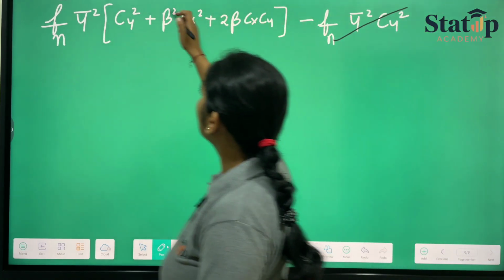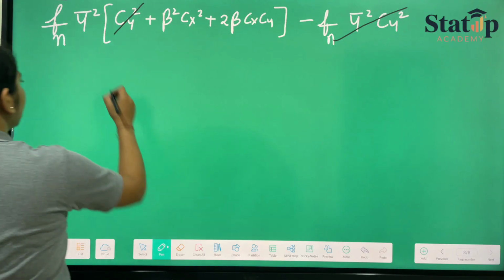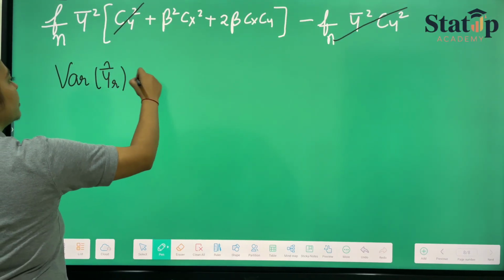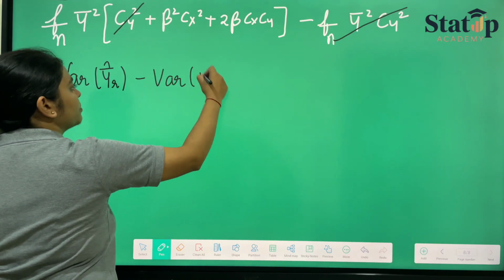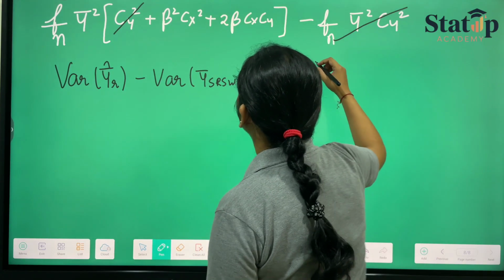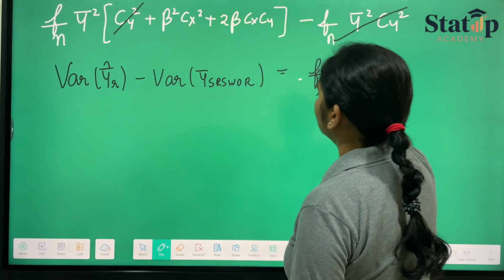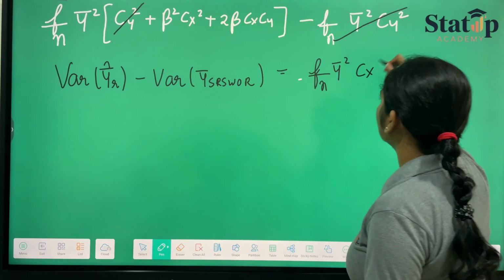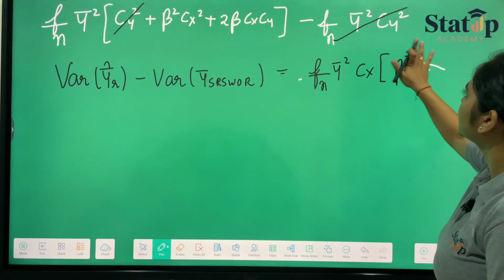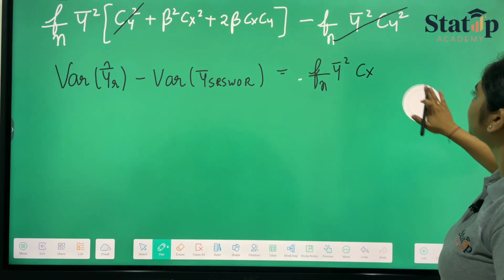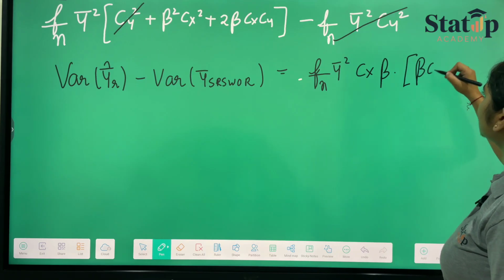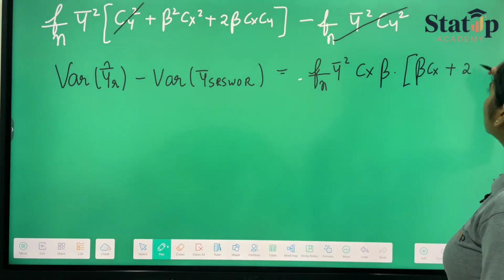So this whole term and this term get cancelled, and we are left with the variance of the regression estimator minus the variance of simple random sampling without replacement, which is nothing but f by n Y bar square, bracket beta square Cx square. Okay, we can take beta also common outside: beta (beta Cx plus 2Cy).